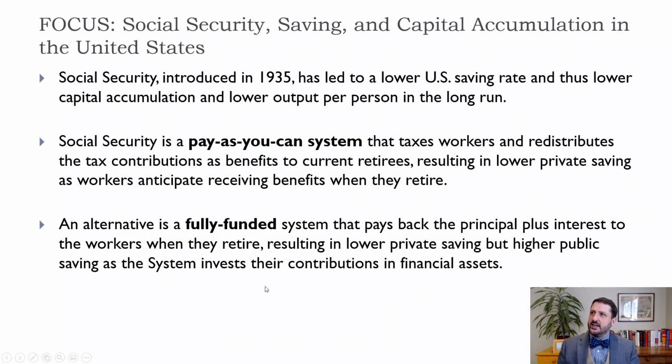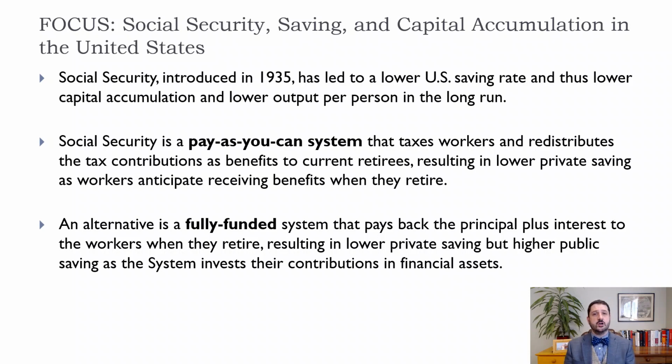And so finally, the question is, all right, well, anything that increases savings in an economy should increase capital per worker, increase output per worker, and anything that decreases savings should decrease capital per worker and decrease output per worker. And so the book focuses on Social Security. So Social Security is our retirement plan in the United States.